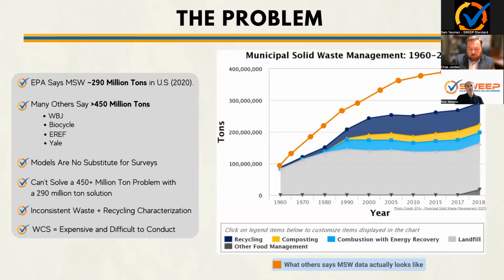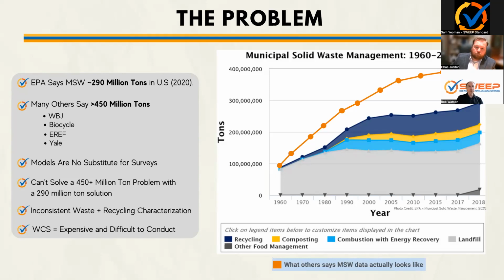One of the biggest problems with measuring waste is how much is there, right? You talk to EPA, they'll tell you there's around 290, 300 million tons. If you look at the work that Waste Business Journal, Biocycle, EREF, Yale have done, they're all within 10% of 450 million tons.